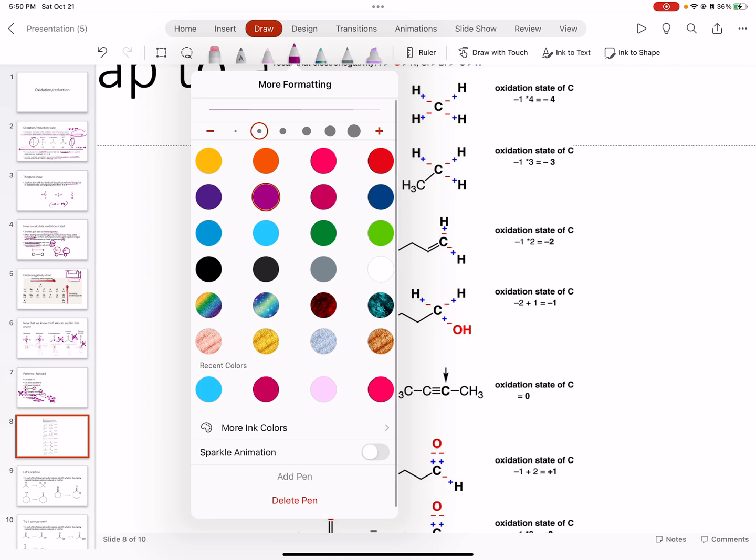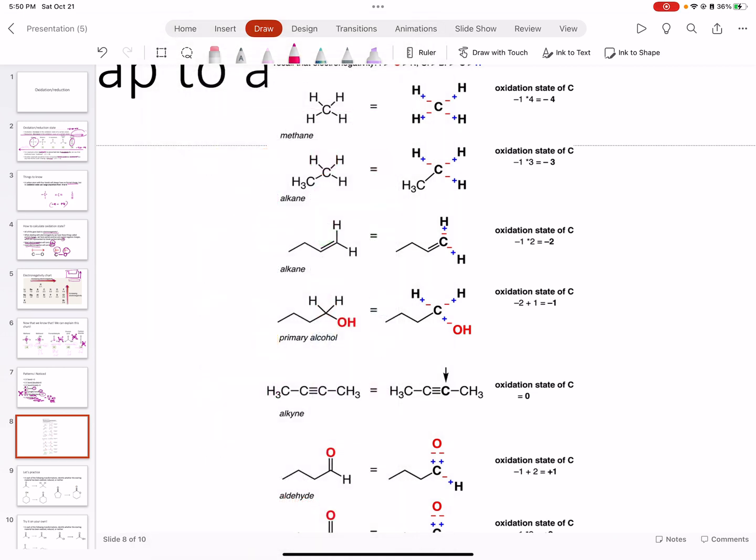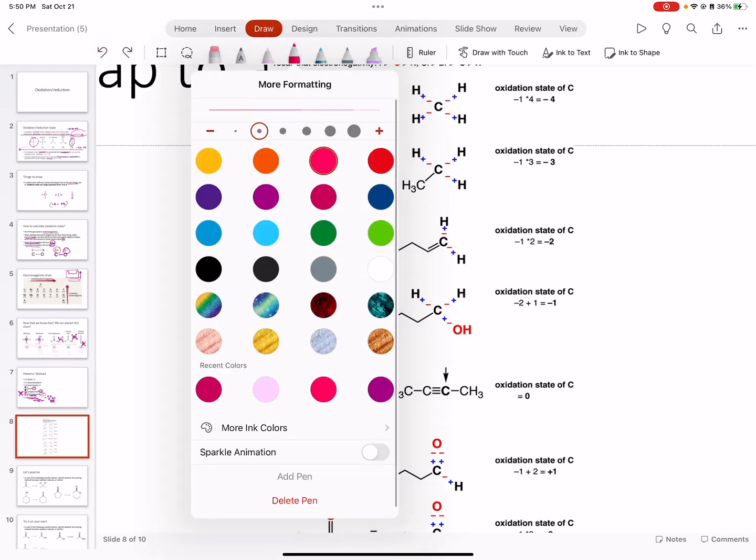So let's see. It's the same concept like I told you. So then carbon hydrogens, we know that carbon's gonna be more electronegative. Maybe I'll change the color right there.